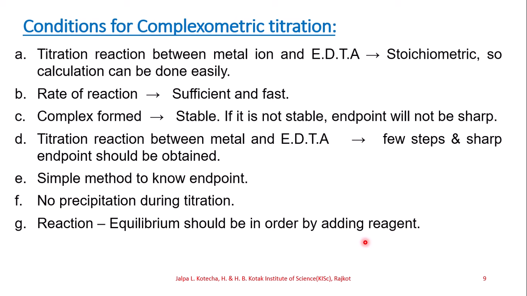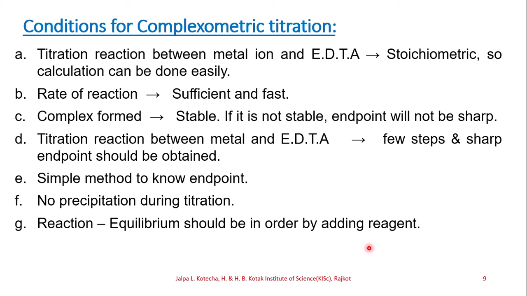It is not that you add, say you are taking the metal first, to that you provide a basic medium, so you add a buffer solution of ammonium chloride and ammonium hydroxide. After that you add the indicator and then titrate with EDTA solution. So this sequence is to be followed so that the reaction equilibrium is established, and hence you get the perfect color change at the end point. So that order you have to maintain.